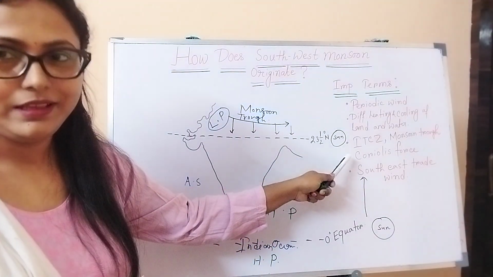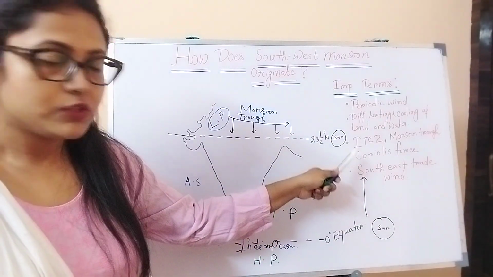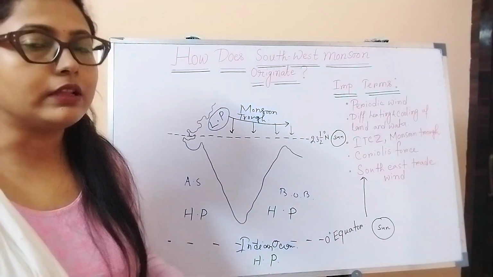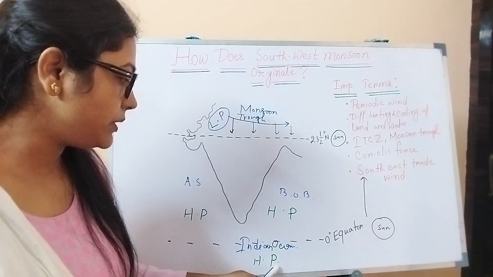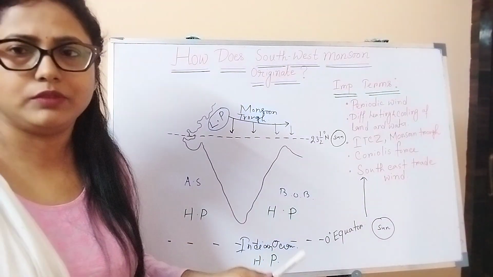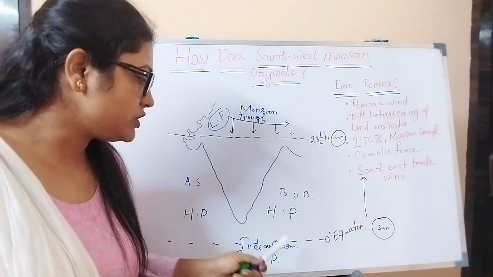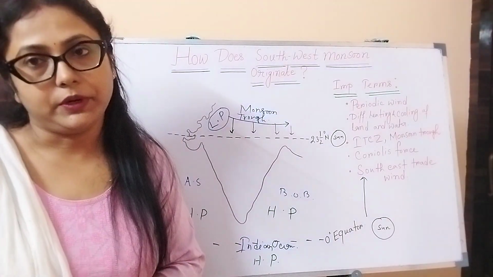Sun is here, now in the northern hemisphere, so this area is not getting the vertical rays of the sun, totally slanting rays of the sun. So the high pressure will be formed, as in cold, that is the winter time. So high pressure will be formed on the water body.